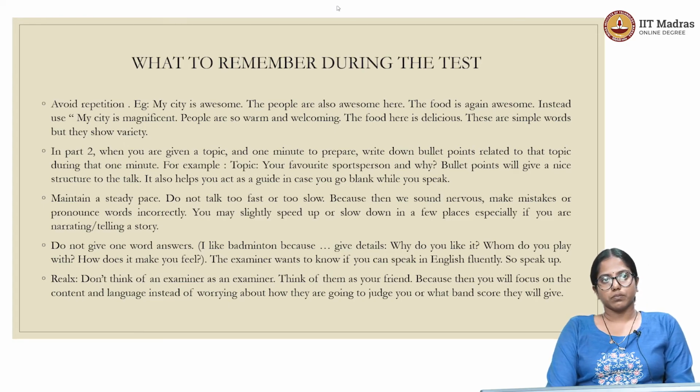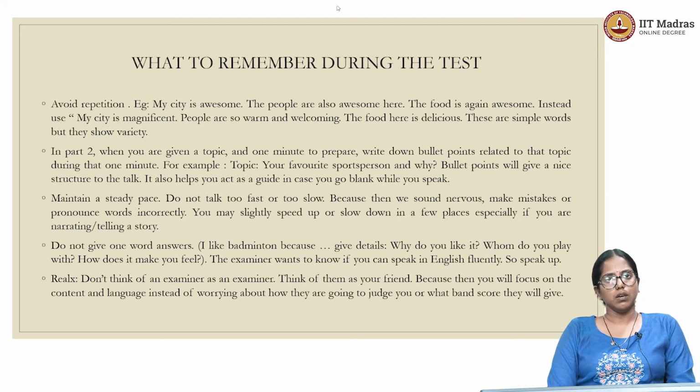In part 2, when you're given a topic and then 1 minute to prepare, like I've already said, write down bullet points related to that topic during that 1 minute. For example, if you're given the topic your favorite sports person and why, you could jot down your thoughts in the form of bullet points. Say when you were introduced to that particular sport, what you like about that sport, or sports person, what your friends think about your favorite sports person.